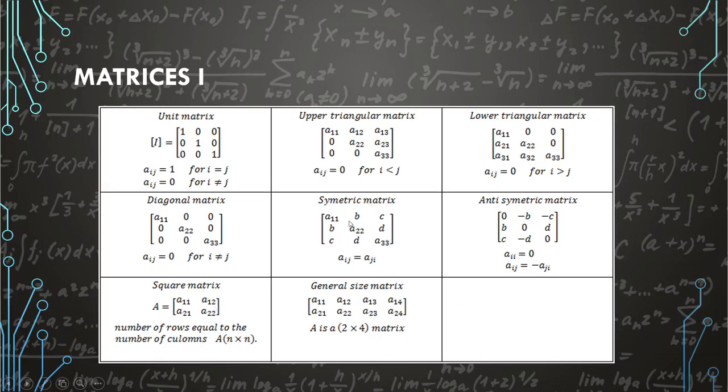In symmetric matrices, apart from the main diagonal, diagonally opposite elements must be equal. In an antisymmetric matrix, diagonally opposite elements must be negatives of each other, and the main diagonal must be 0.